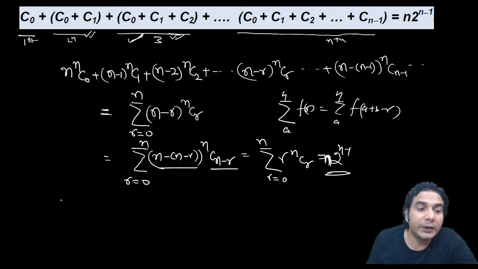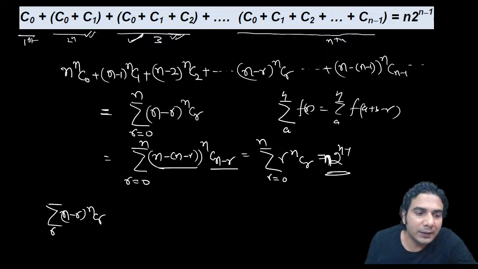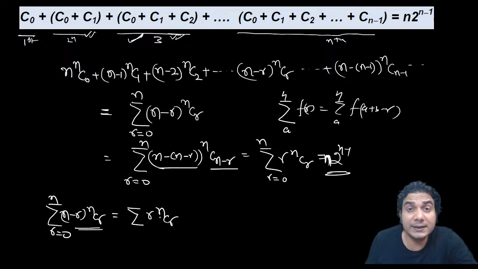So you need to remember this. Whenever you see n minus r nCr, do not memorize it, but it is a point you will have to use a lot, in many questions. You'll get n minus r nCr, so you can immediately write r nCr if the limits are from 0 to n.